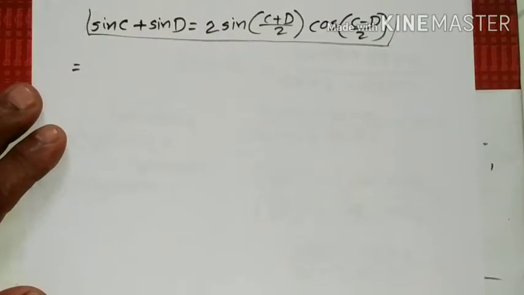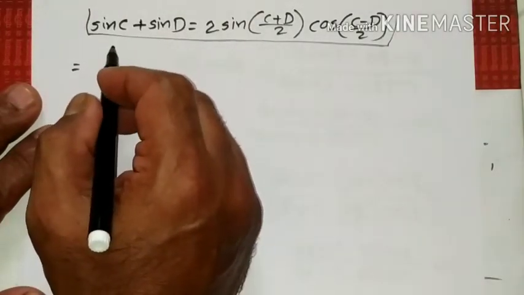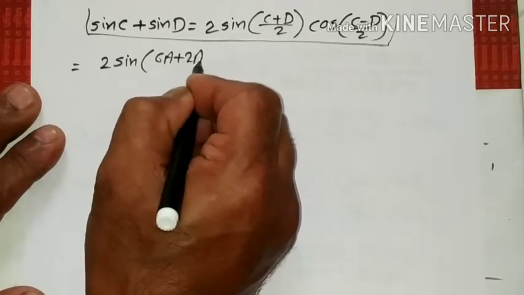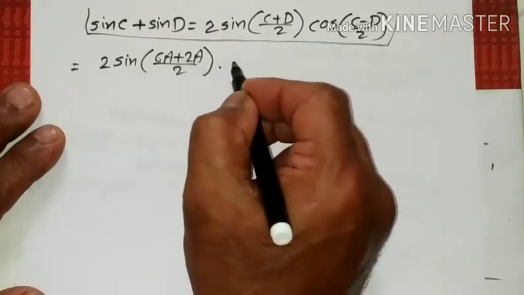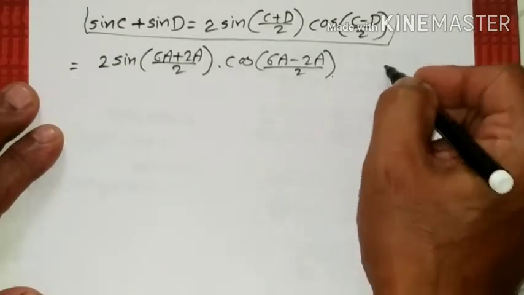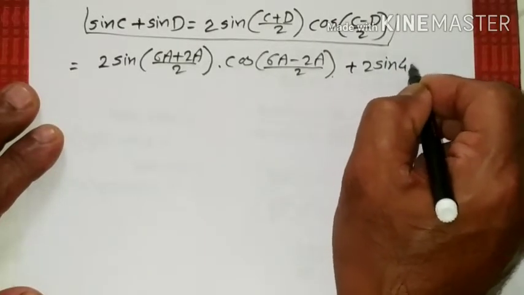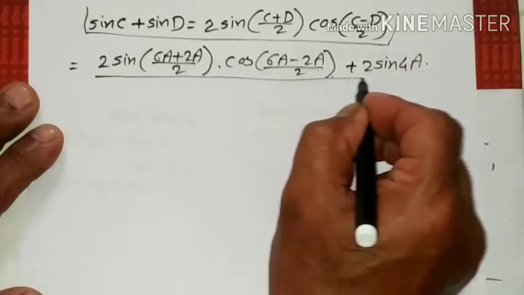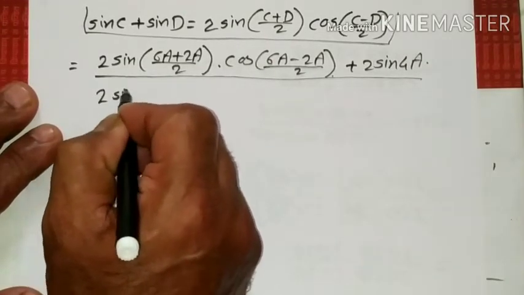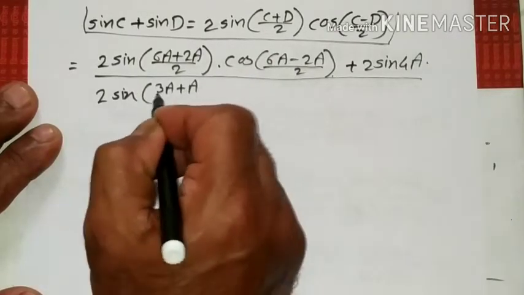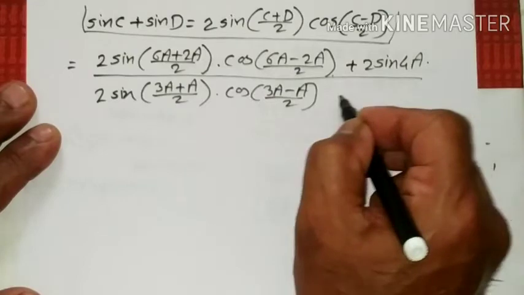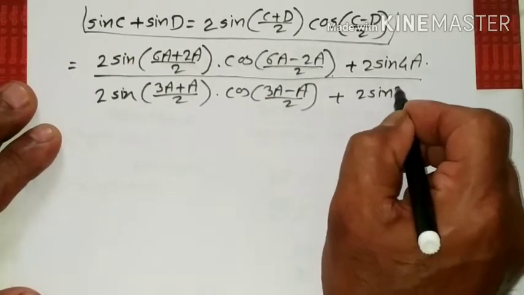Therefore, sin 6a plus sin 2a represents 2 sin((6a plus 2a) divided by 2) into cos((6a minus 2a) divided by 2) plus 2 sin 4a, and in the denominator sin 3a plus sin a is 2 sin((3a plus a) divided by 2) into cos((3a minus a) divided by 2) plus 2 sin 3a.